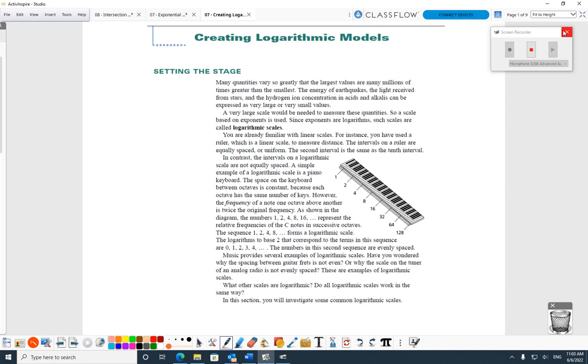Like if they built pianos linear, a piano would be like as wide as your house. To get to the highest frequency, you'd have to run down all the way to the other end of your house to hit the key that had 128 times the frequency. So they don't build it like that. They build it in a log scale, basically, is what they do. They double every so often. So that's what we mean by logarithmic scales.